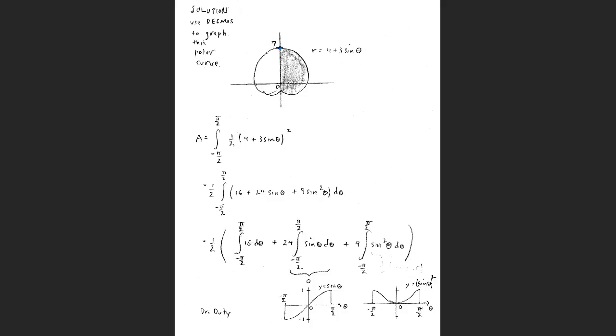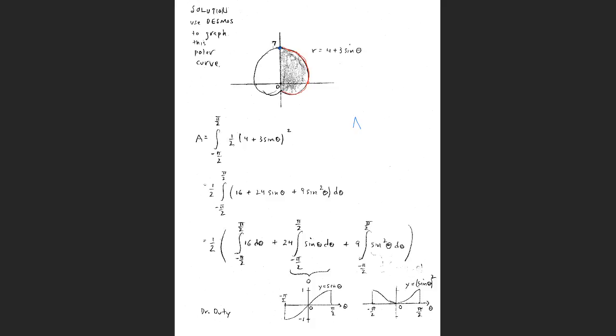So let's remember, this is my polar graph right here, and this is the shaded area that I shaded in here. Now remember, what is our area formula?